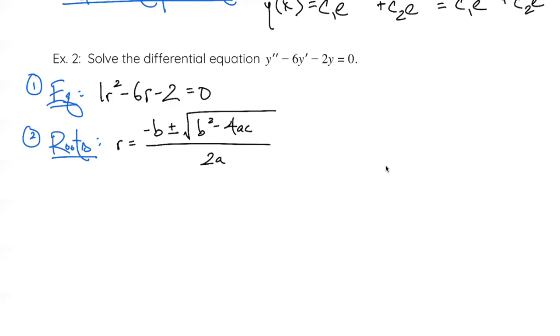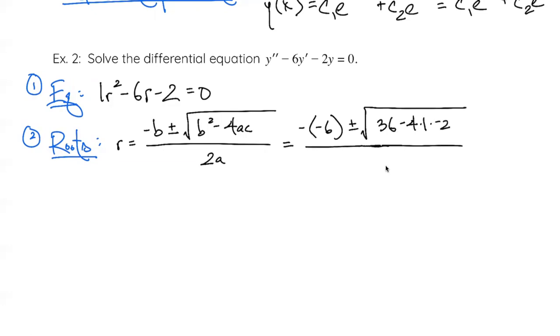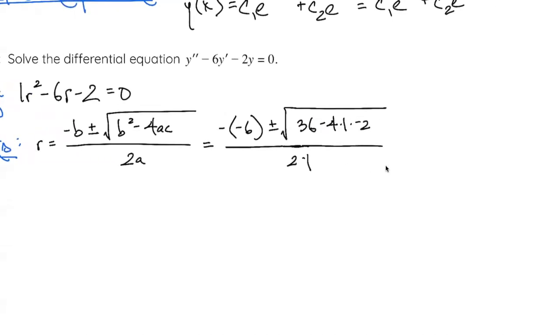But here's our quadratic formula. And so let's go ahead and plug in our values. We get -6 plus or minus 36 minus 4 times 1 times -2 all over 2 times 1. And that will give us 6 plus or minus, let's see, 36 plus 8 is 44 over 2.